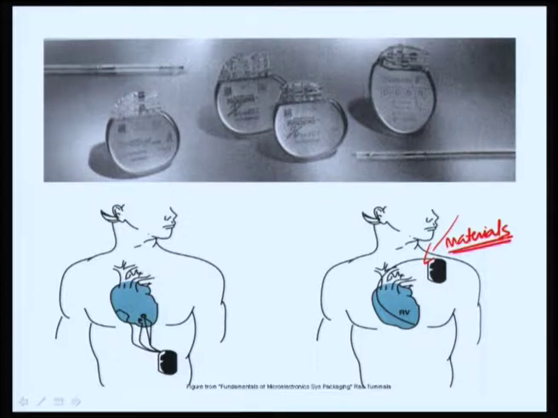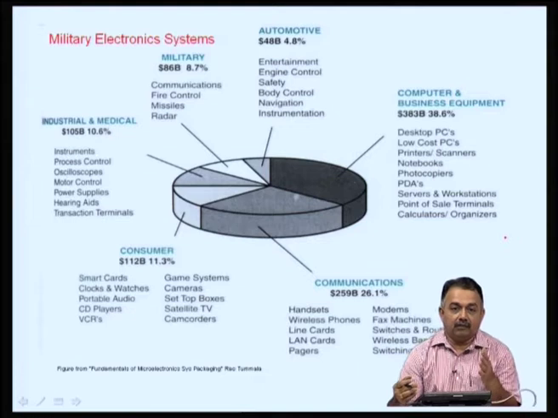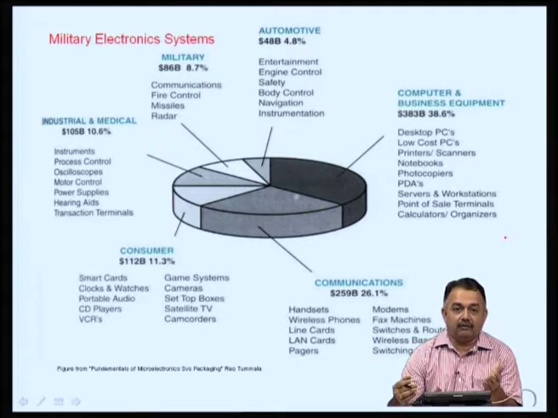So, these are some of the very essential packaging requirements. As you can see now, you get a flavor about consumer electronics, automotive electronic systems, medical care and industrial systems, which all have very different preset requirements for packaging.